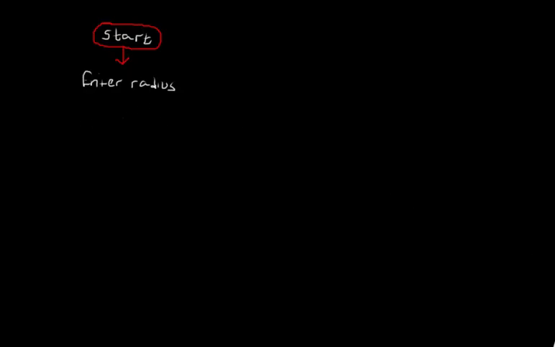And whenever you have an input or an output, you have such a shape. Okay, so this is an input. It is showing that you're inputting something, you're putting in something. And what follows after that?